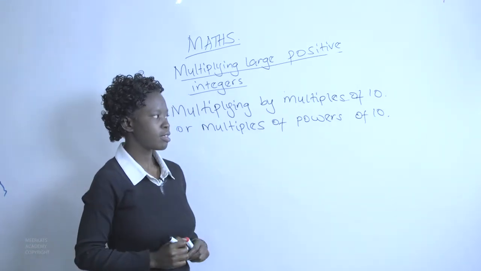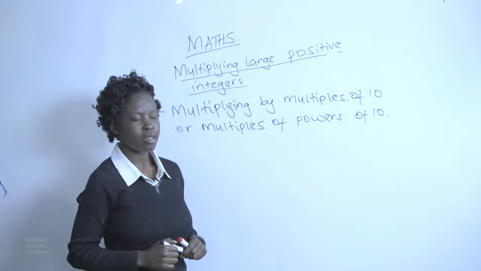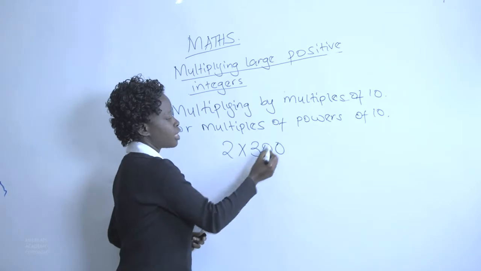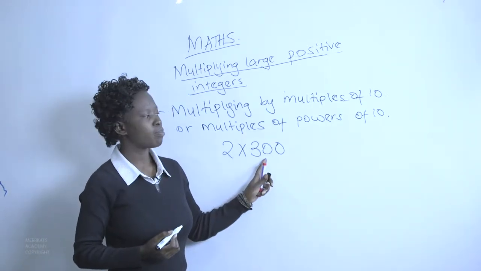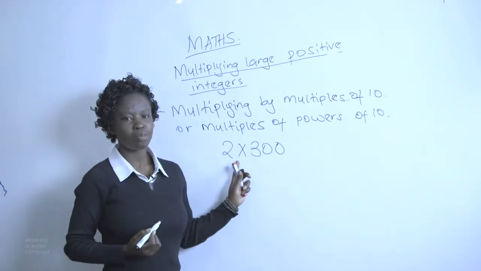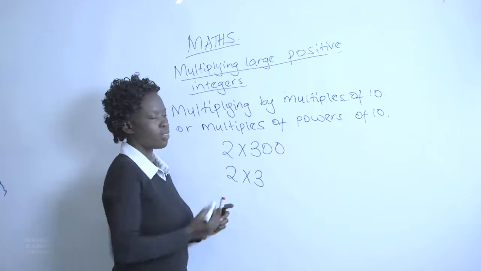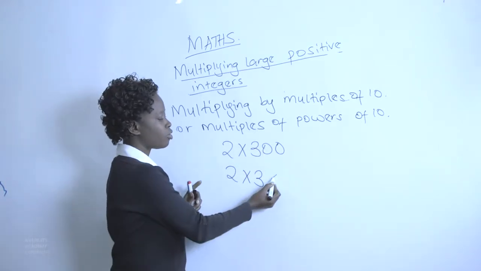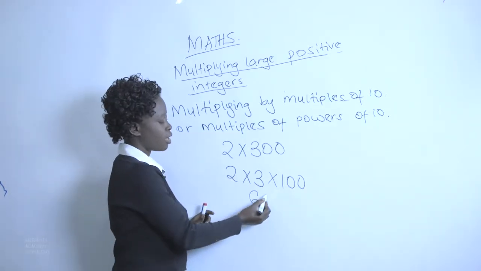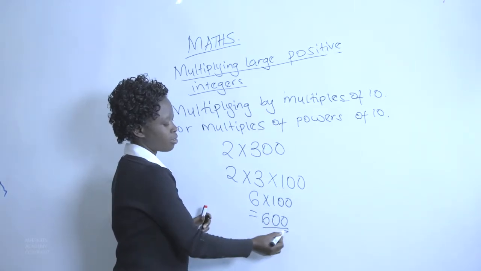What we do in this case is first multiply by the number that is before the zeros. For instance, take 2 multiplied by 300. 300 is a multiple of 100, which is a power of 10. We start by multiplying by the number before the zeros, that is 2 multiplied by 3, then we multiply by 100. 2 times 3 is 6, multiplied by 100 gives us 600.